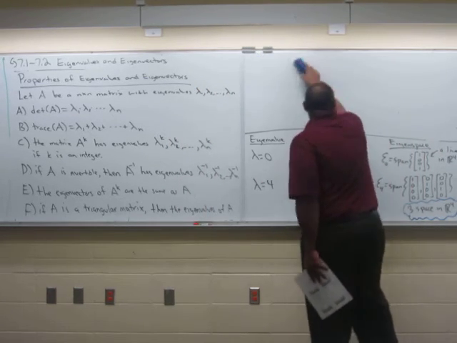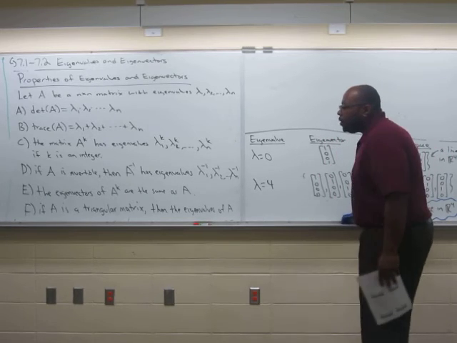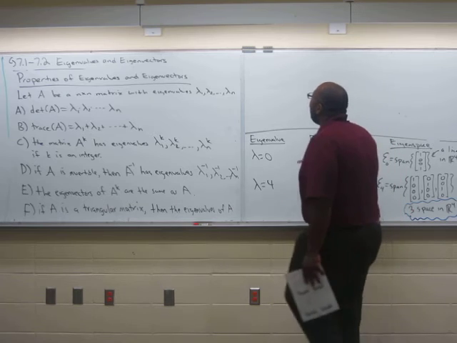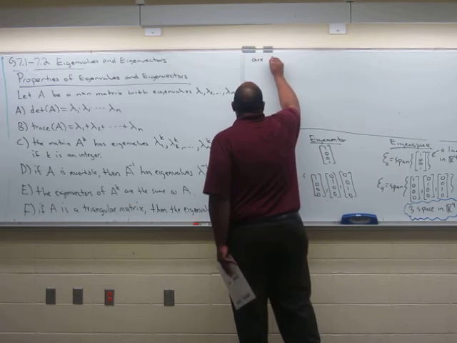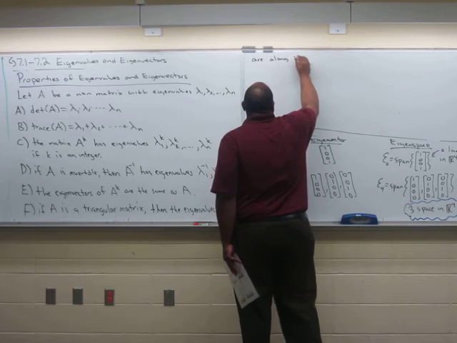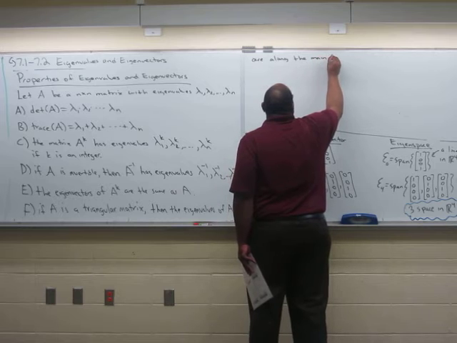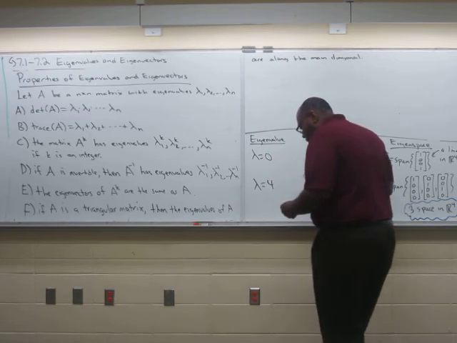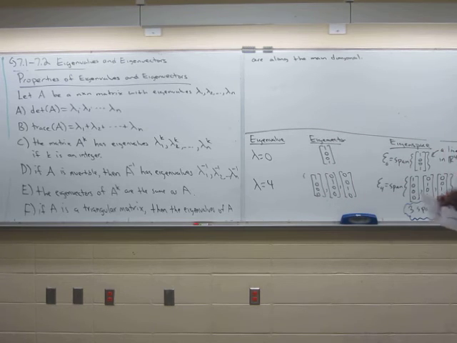I'm going to write that here so you can see it. So if A is a triangular matrix, then the eigenvalues of A are along the main diagonal. Okay.